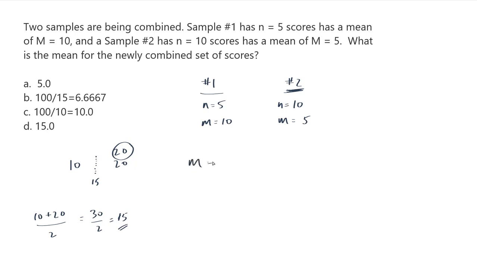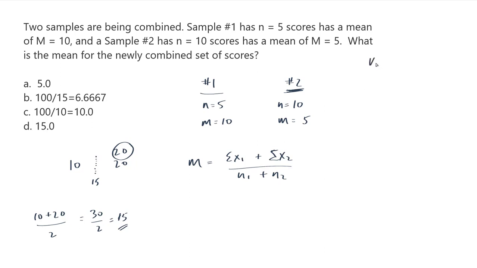My mean is equal to the sum of x for the first group plus the sum of x for the second group, over the first group size plus the second group size. Now we don't have the sum of x for each group, which is kind of annoying because we're going to have to do some math to get each of those.